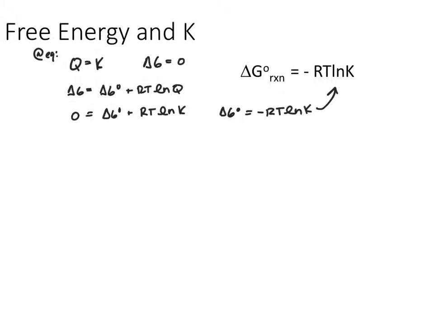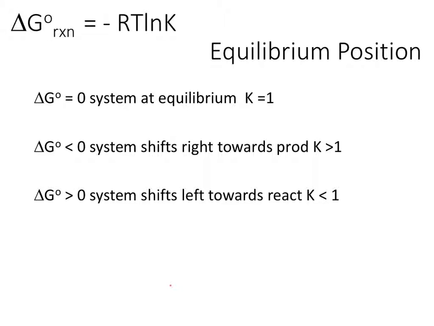We're going to analyze this on the next slide, looking at the interrelationship between our standard free energy change and our equilibrium position. K can tell us the relative direction the reaction lies, and of course delta G naught can tell us the spontaneity of a process at standard conditions.